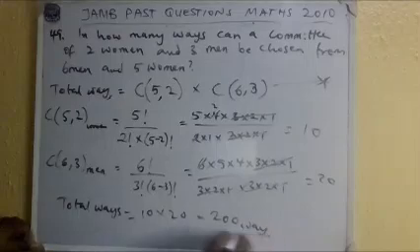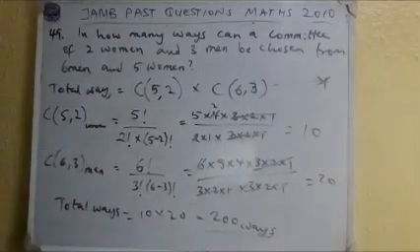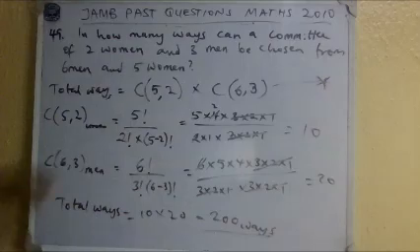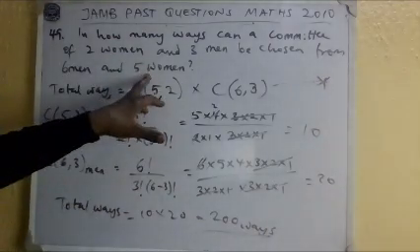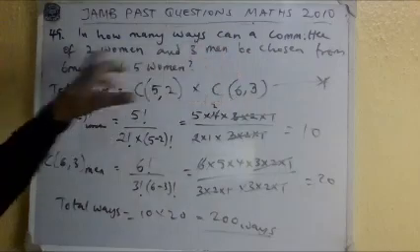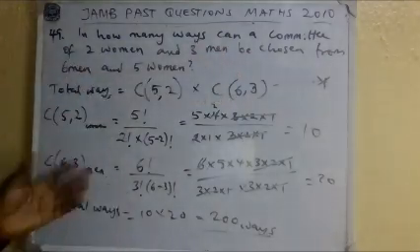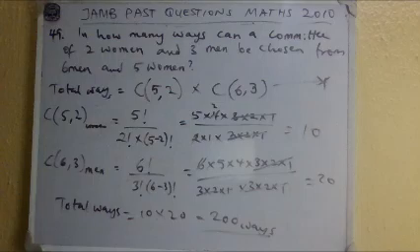So there are 200 ways to combine 2 women out of 5 women and 3 men out of 6 men to form a committee without any order, without any other way of doing it.